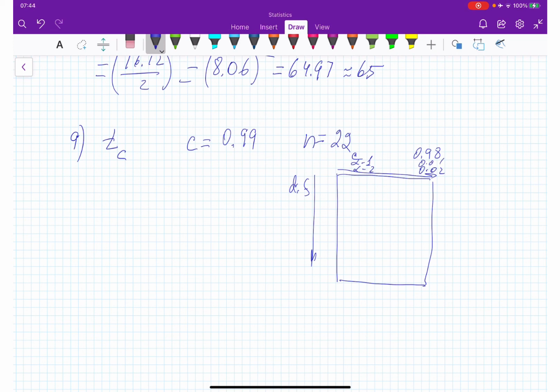So pick whichever is given, and the intersection will give you your t-score. Now, how to find degree of freedom? Degree of freedom is equal to n minus 1, which in our case is 22 minus 1. It's going to be 21.